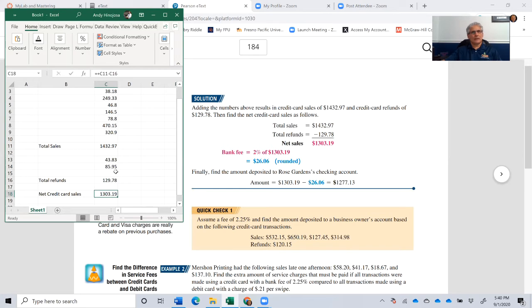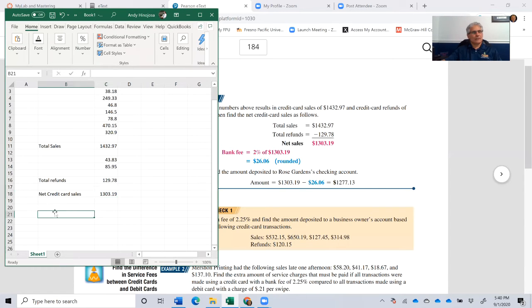Now I think they told us that they charge a 2% fee, so that's going to be based upon net credit card sales. So let's go ahead and go 2%. And so the fee, we're simply going to take the net credit card sales and multiply it by the fee, which comes up to $26.06 rounded.